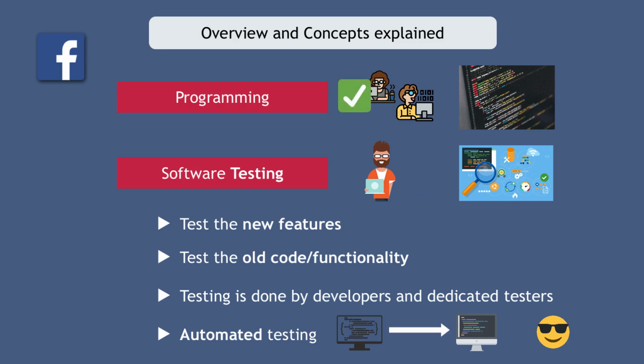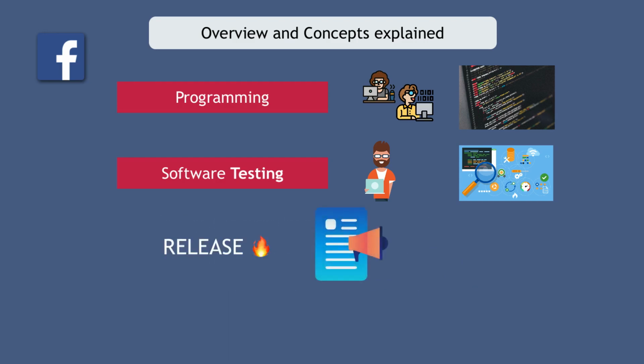Developers finished the development. They tested it locally. They checked that everything works in the code. Nothing is broken. Then a bigger layer or a higher level of testing is done to make sure that nothing was broken and everything works in combination. The automated tests ran, and now it's time to show that new feature to the users, right? So roll it out to the whole world as a new feature.